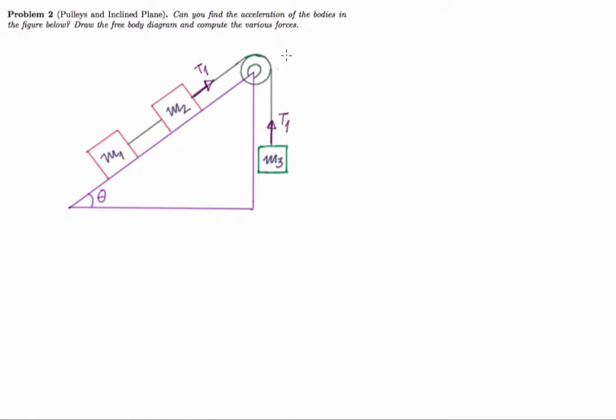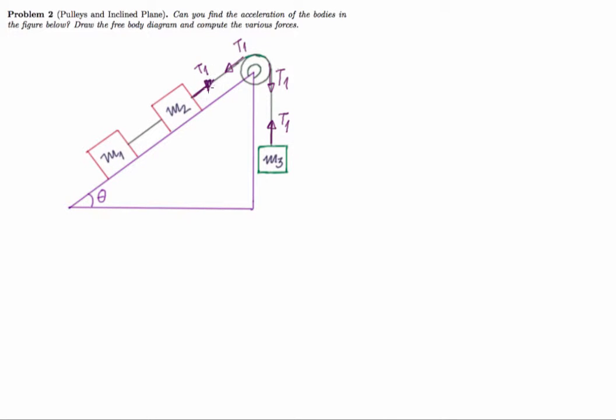The string always pulls the masses which are attached to it towards itself, so to speak. And every action has an equal and opposite reaction, that is by Newton's third law. So the same force acts on this pulley also, T1 in this direction and T1 in this direction.